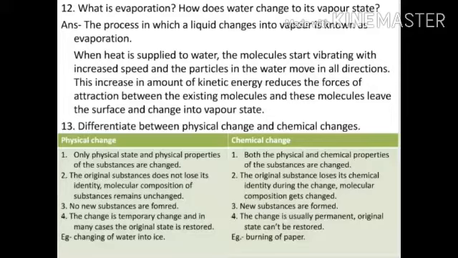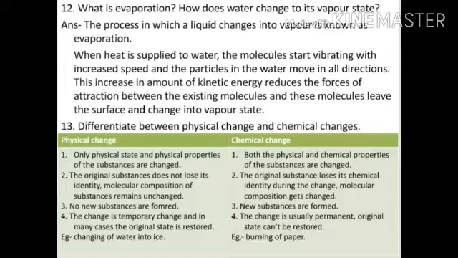In physical change, the original substance does not lose its identity, molecular composition of substances remains unchanged. Number 2. In chemical change, the original substance loses its chemical identity during the change, molecular composition gets changed.